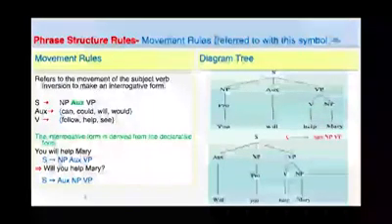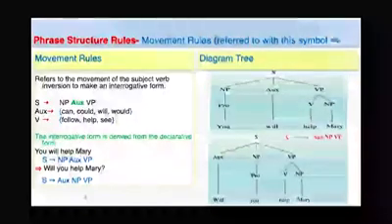Now, syntactically, when you draw a hierarchical organization of this sentence, it will be very clear that in a declarative sentence, the sentence breaks into a noun phrase, an auxiliary in the middle, and a verb phrase at the end.